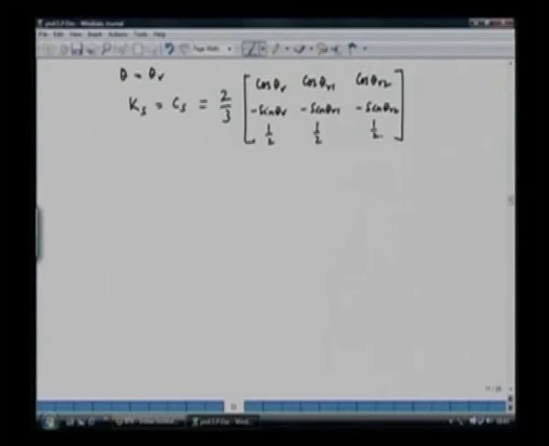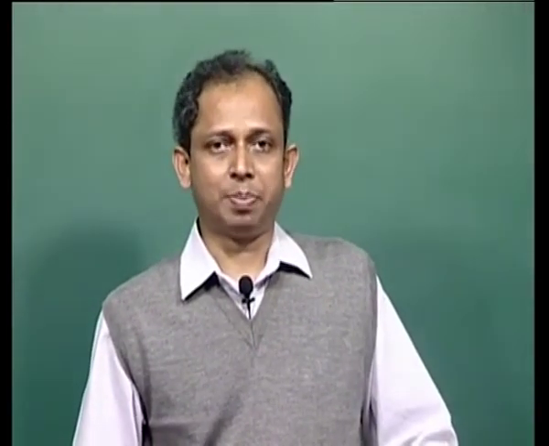So this is the transformation matrix which will transform the ABC variable of the stator into DQ variable which is in the rotor reference frame.